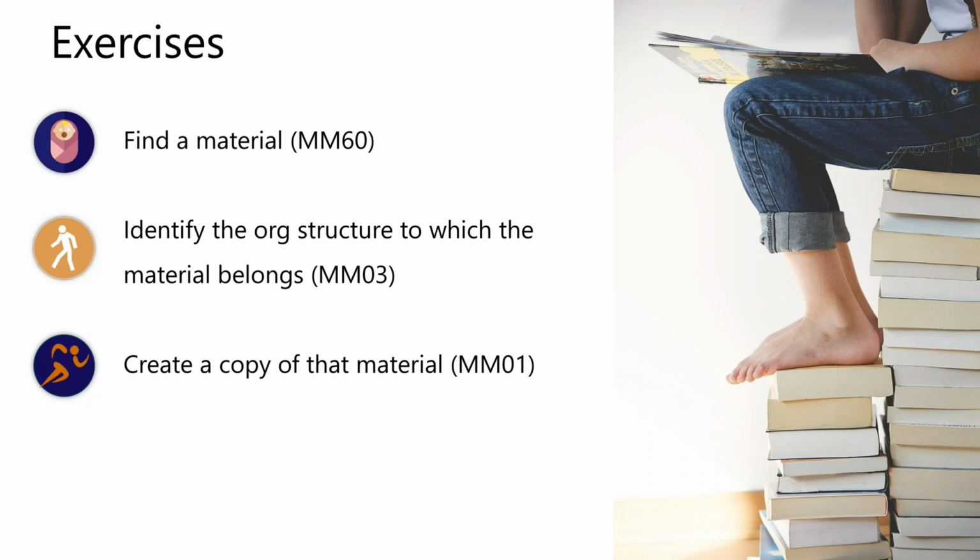So the next one is, if you find a material in MM60, log into MM03, execute MM03, and see if you can identify the organizational structure to which that material belongs. Like, what plant is it created in? What sales org is it created in? That sort of information. And then the advanced version of this exercise is to create one yourself, right?